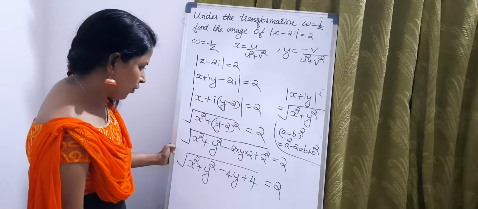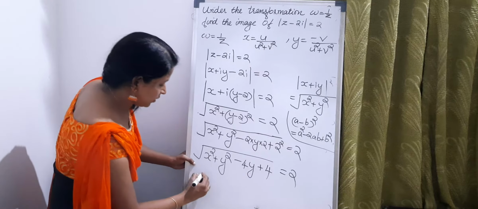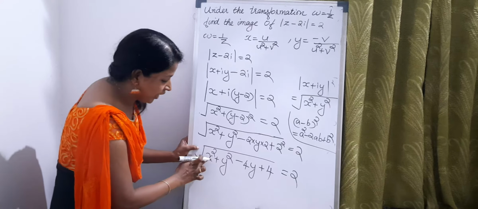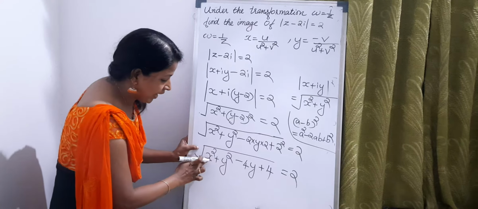So we square this equation. Squaring means the left side, square root of x square plus y square minus 4y plus 4, whole square.